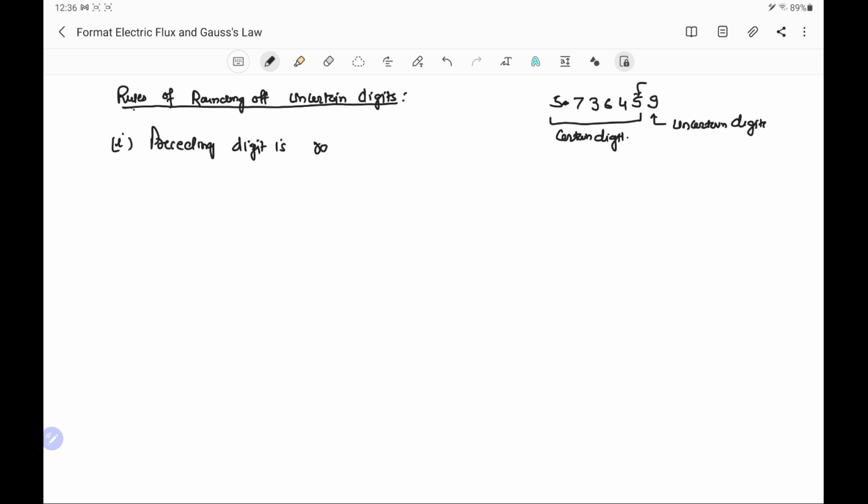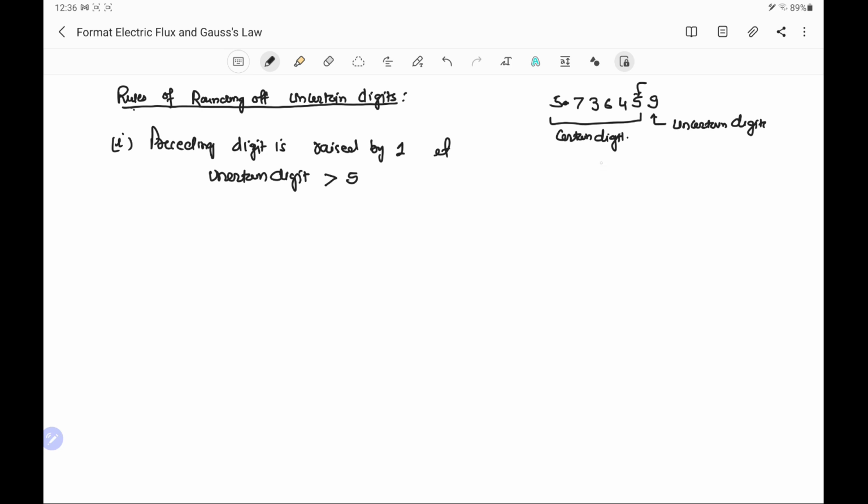is raised or increased by 1 if the uncertain digit is greater than 5. That means if the digit is 6, 7, 8, 9, then we have to increase the previous digit by 1.